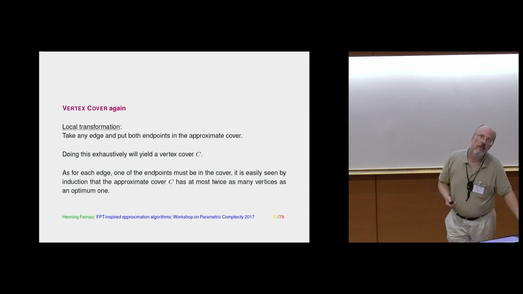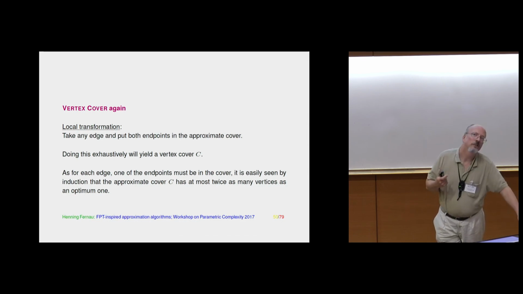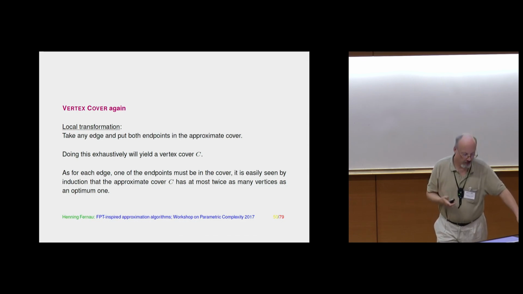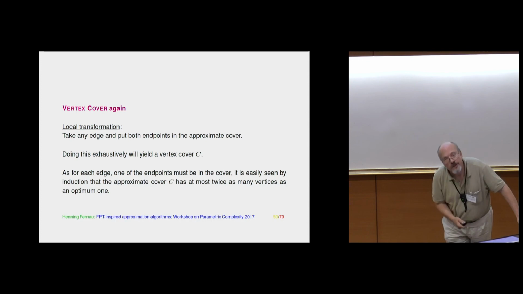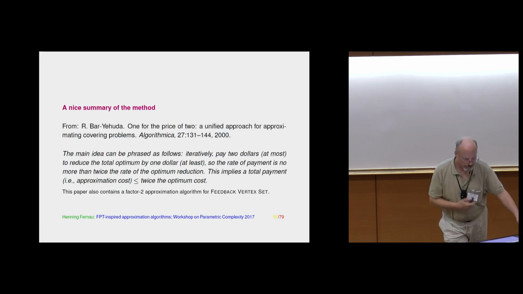And of course, the local ratio theorem, which is a 2-line proof basically, tells you that, okay, when you have rules which satisfy certain conditions, I can quite easily prove that this is actually giving me a factor of something approximation.